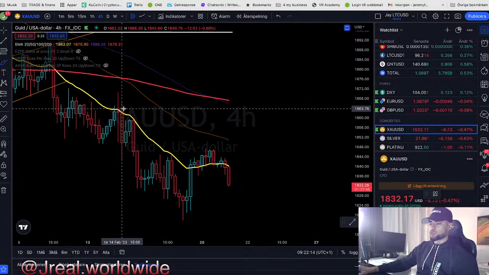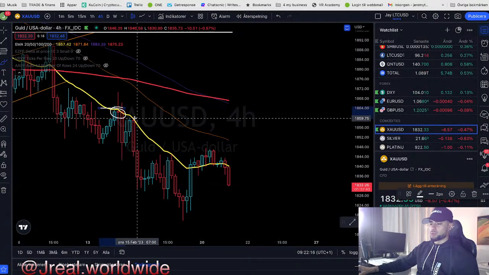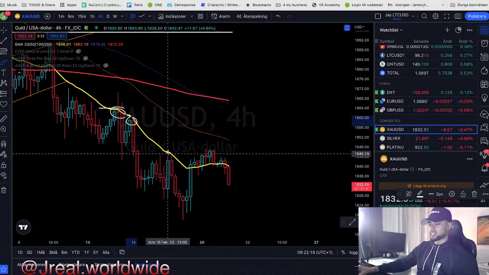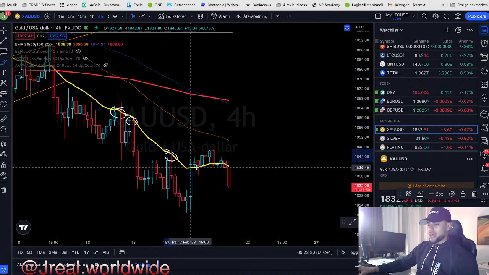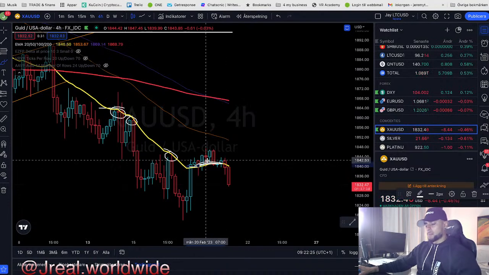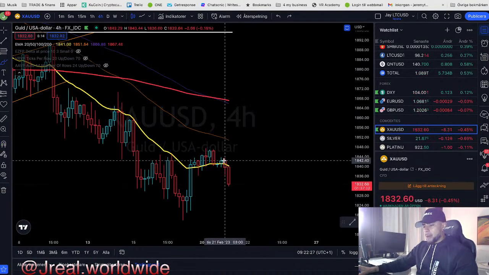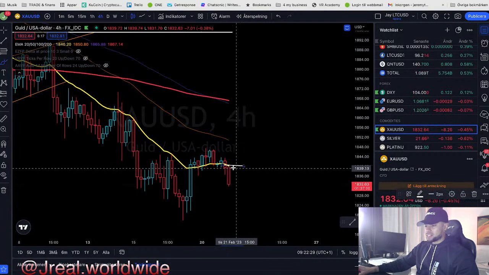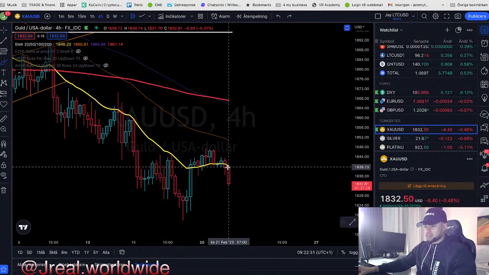It likes to respect the 20-day EMA a lot, and you see rejection, resistance, resistance. It was trying to break above and form some form of support on top of the 20-day EMA. But what happened? It broke beneath, this candle closed beneath, and now it's dipping.